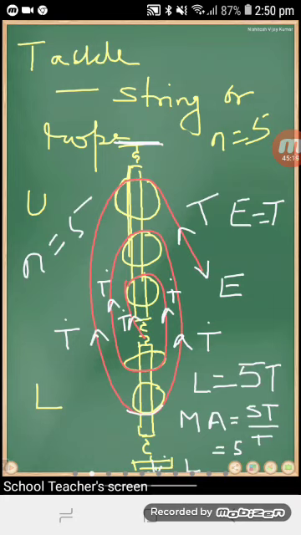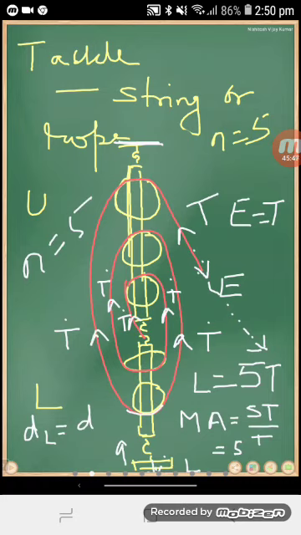In this case also, if I observe that the distance moved by the load in upward direction happens to be d, the effort has to move 5 times of this.